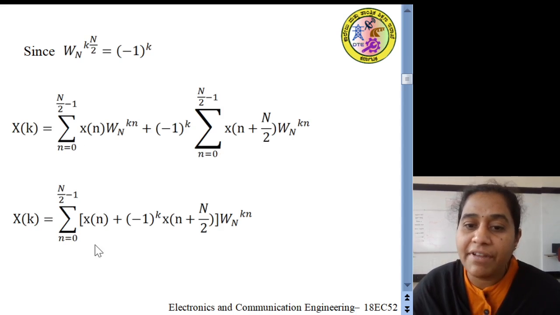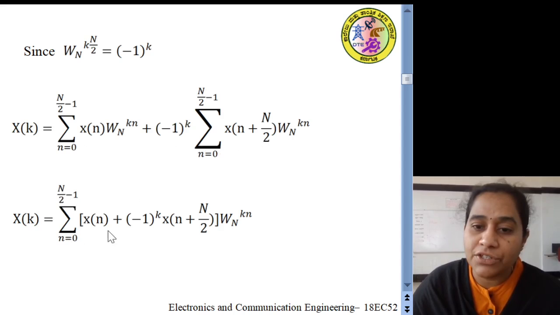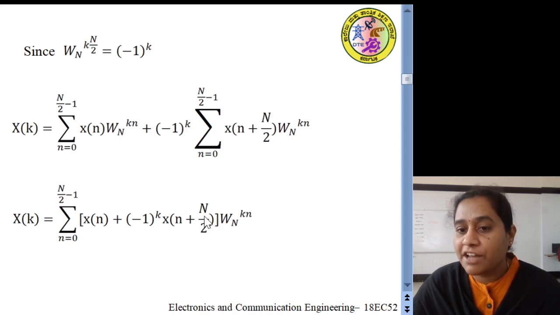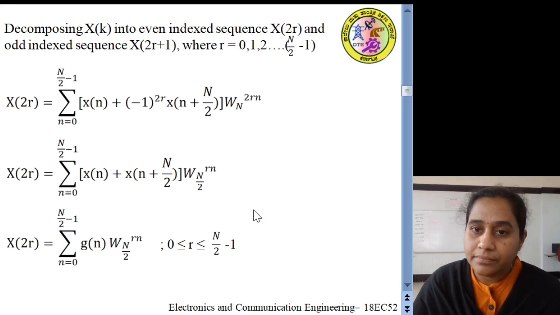So summation n varying from 0 to N by 2 minus 1, x of n plus (minus 1) raised to the power of k into x of n plus N by 2, whole thing multiplied by WN raised to the power of kn.